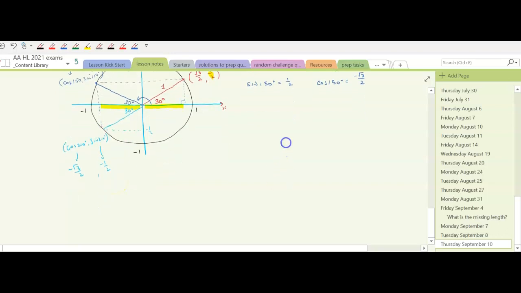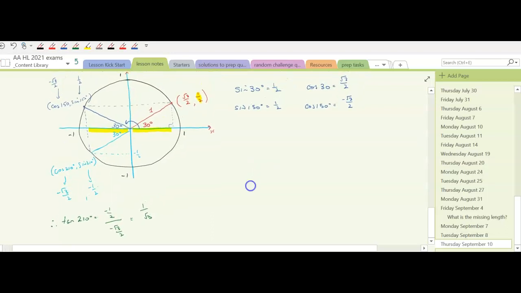I could also, from that, determine what tan 210 is. I could do tan 210 degrees, because that's just equal to my sine, negative a half, over my cos, which is negative root 3 over 2. Multiplying top and bottom by 2, I get 1 over root 3.